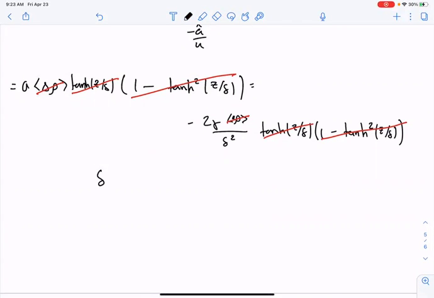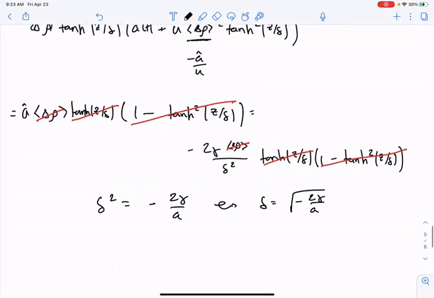delta to be minus twice gamma over A. Or that delta is square root of twice gamma over A. And remember, these are all A hats.